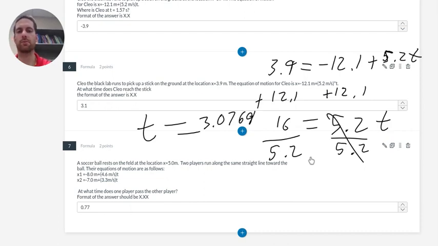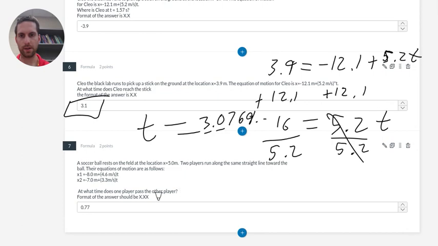We know there's more, but we only want x.x, and here's our x.x, and that next value is a 7, so we have to round that up to 3.1, it looks like. That's our answer.